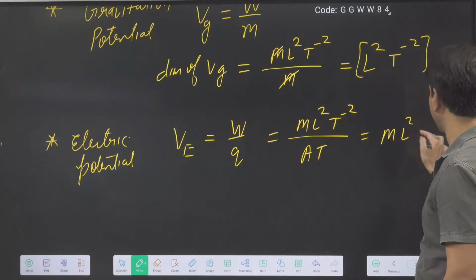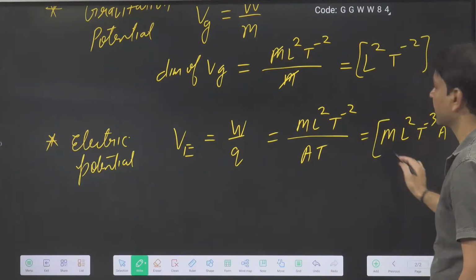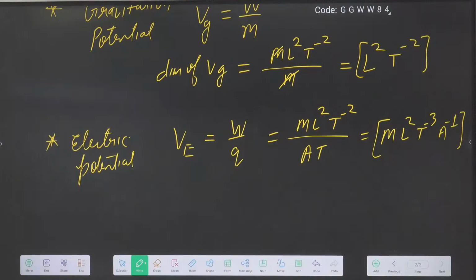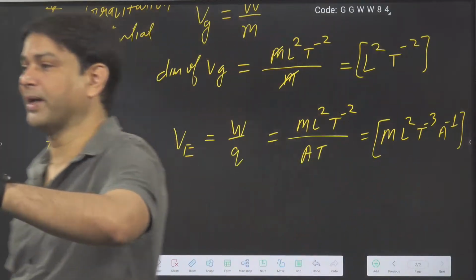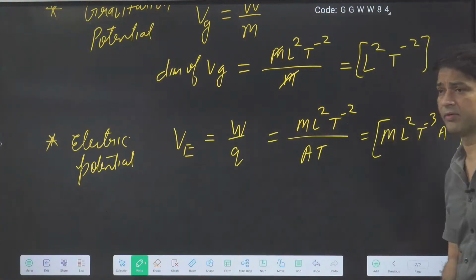M L square T minus 3 A minus 1. That is the dimension of the electric potential. If you go through 1 by 4 pi epsilon into Q by R, it will be complicated. Okay, everybody got it?